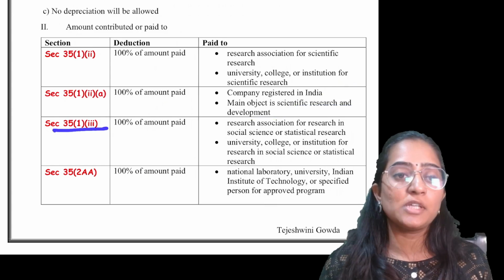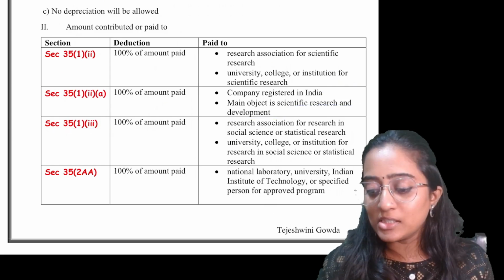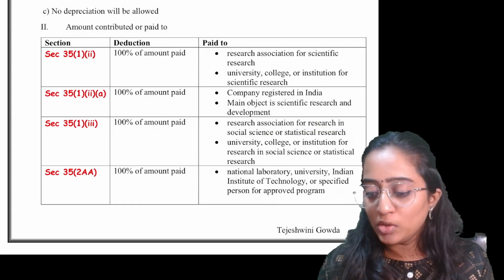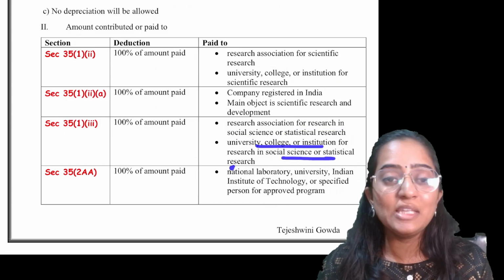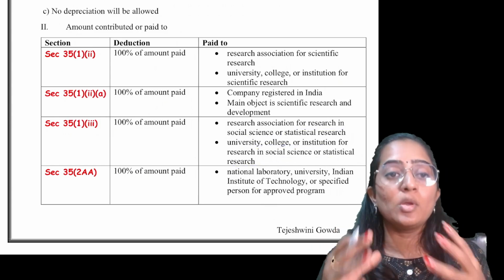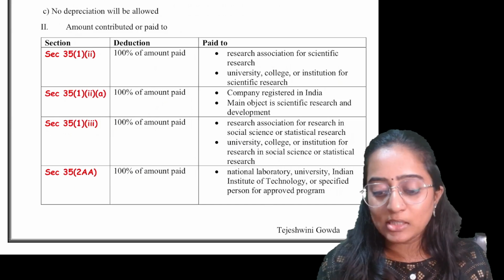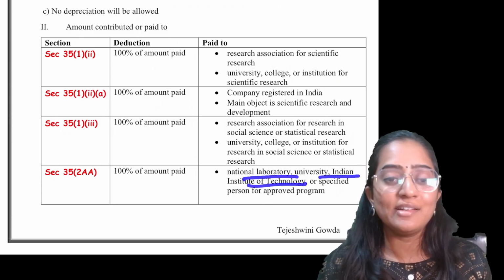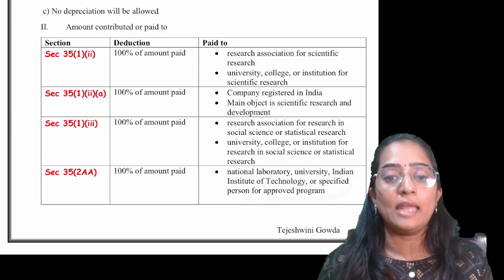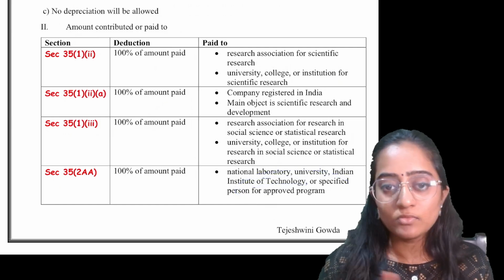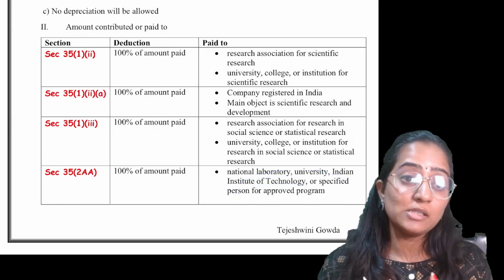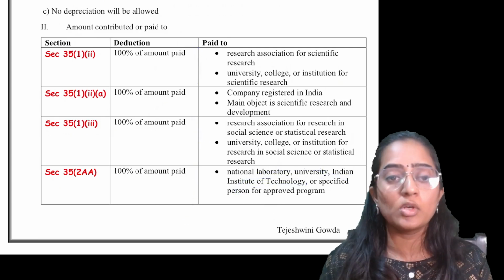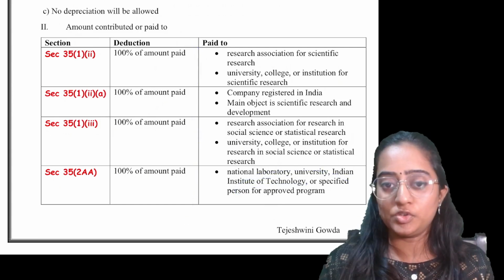And section 35 subsection 1 clause 3 speaks about research association for the research in social science or statistical research, university, college or institution wherein you are making this contribution. Section 35 subsection 2 AA speaks about national laboratory, university, Indian Institute of Technology. You are going to do the calculations for this. Clear? I hope this is very, very clear. If you're making a contribution to this, whatever amount you paid, it is going to be allowed as 100% deduction.